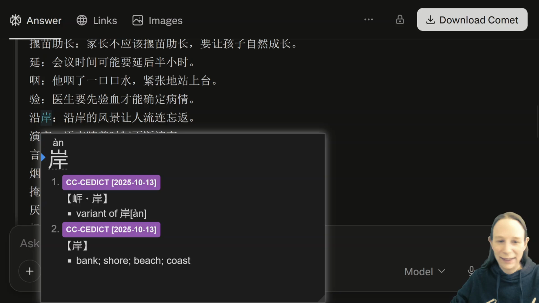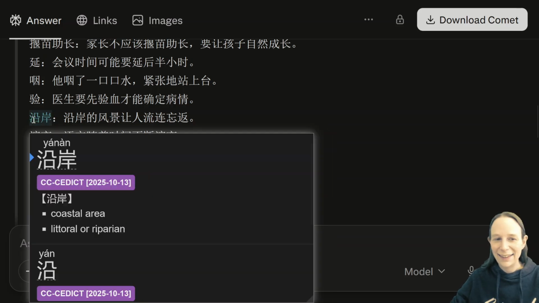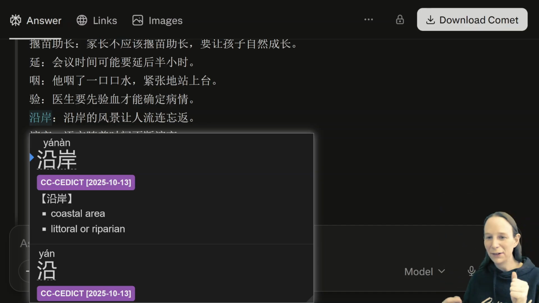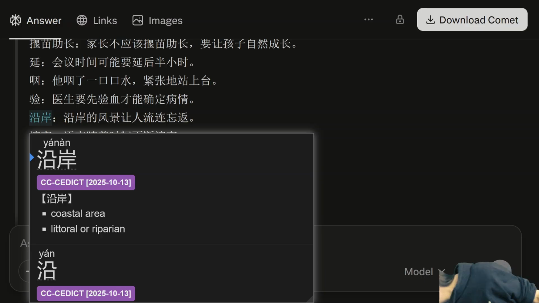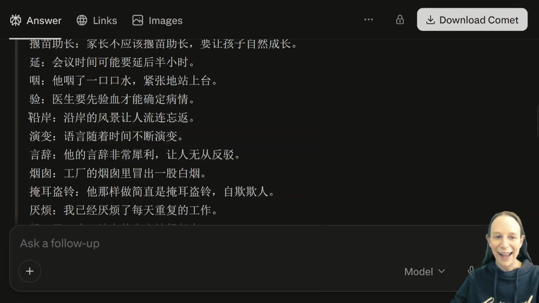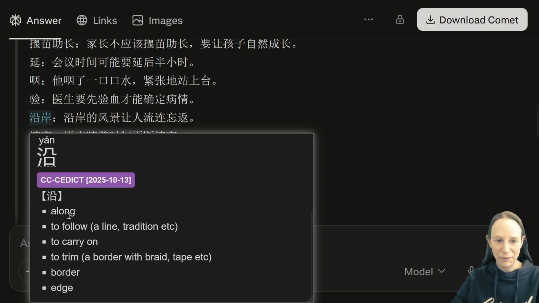So yan an, so it can mean travel along, but it can also refer to the area that you would travel were you to travel along it. So here it's coastal area. So it's not functioning as a verb. To follow. So there's a noun usage and a verb usage of yan.